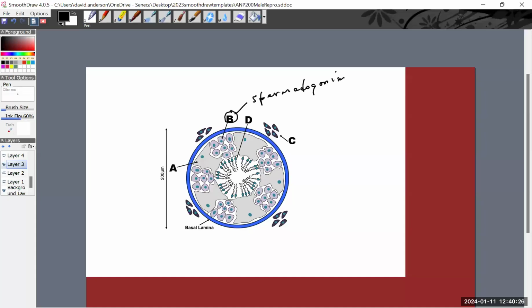And these cells undergo mitosis. And when they undergo mitosis, two of the daughter cells, so if we looked at these two of those daughter cells, actually it's better if we look at these two.